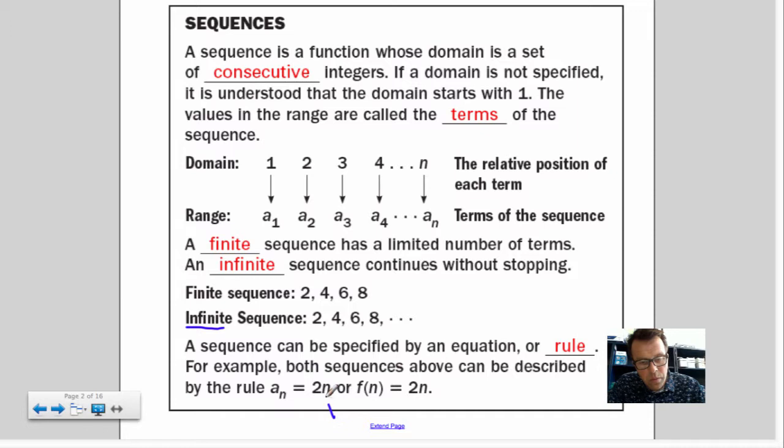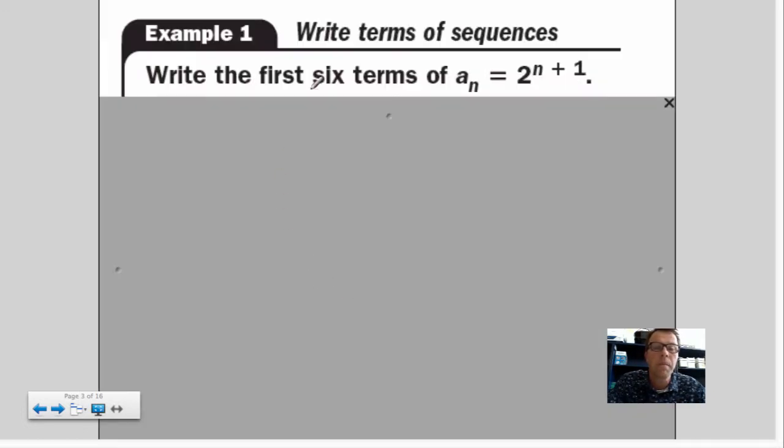Then we would get the terms 2, 4, 6, 8. And these could be labeled as a sub 1 is 2, and a sub 2 is 4. So there's a labeling system, and it's a good one. A sub 3 is the third term, and the third term is 6. And again, there's a rule or an equation that we could use.